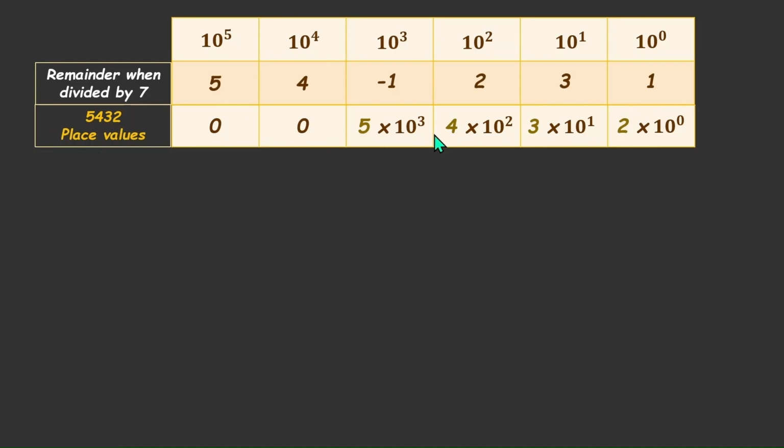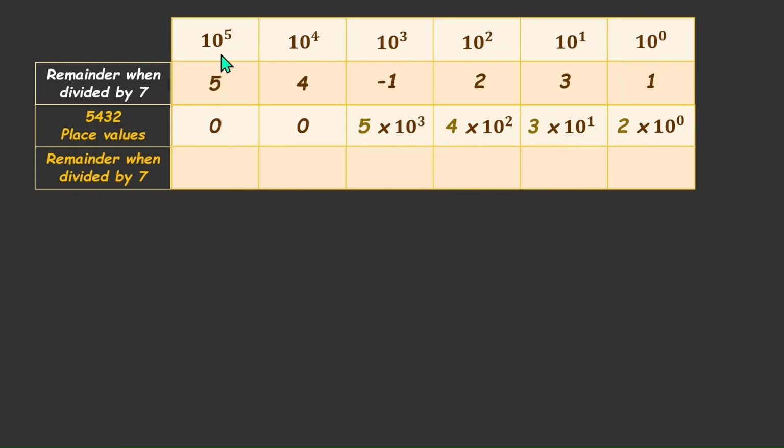Now since we are multiplying the places of 10 with the place value of the number, to get the remainder also, we'll multiply the same digits with the remainder we get individually for each power of 10. So for 1000, the remainder is minus 1. So the remainder of 5000 when divided by 7 would be, with 0 and 0 here, 5 into minus 1.